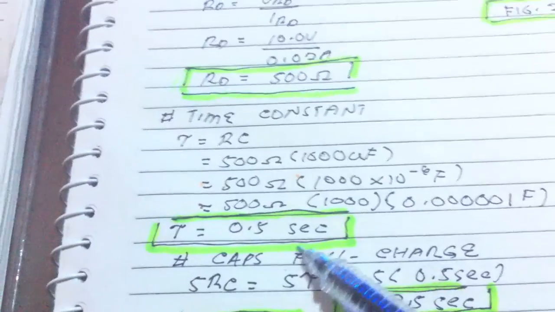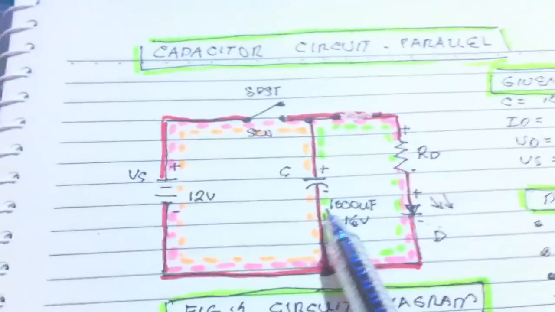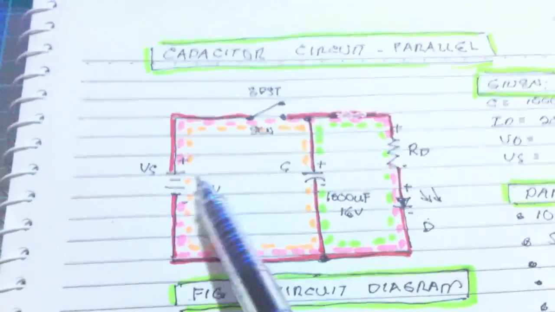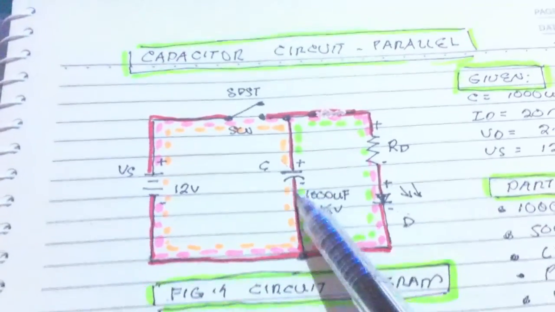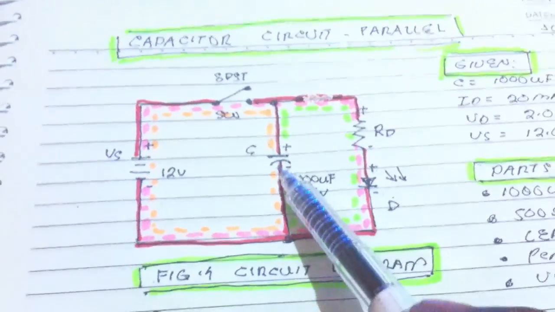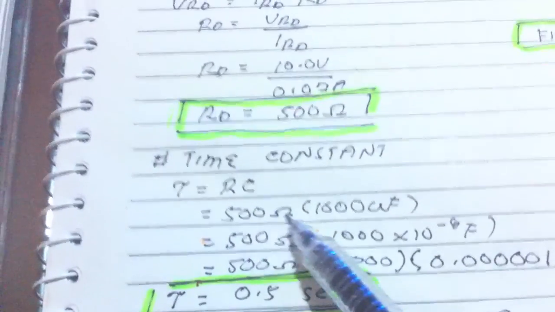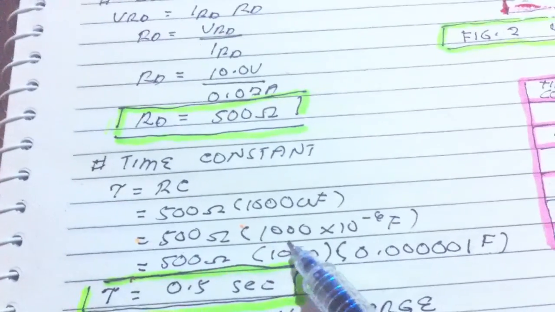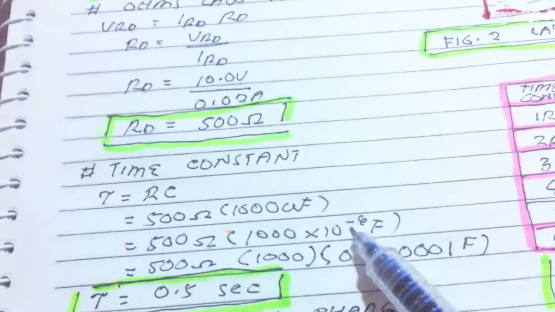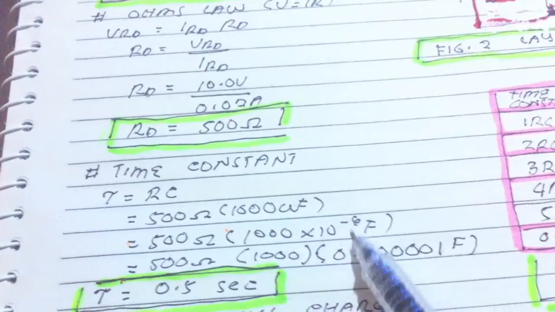The same calculation, the same time constant here. Okay, let us see how to compute this time constant. The capacitor is charging here, and we have a time constant of 500 ohms times 100 microfarad. 500 times 1000 times 10 to the negative 6 is the same as microfarad here.